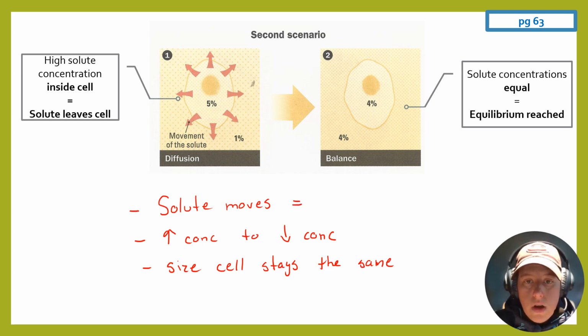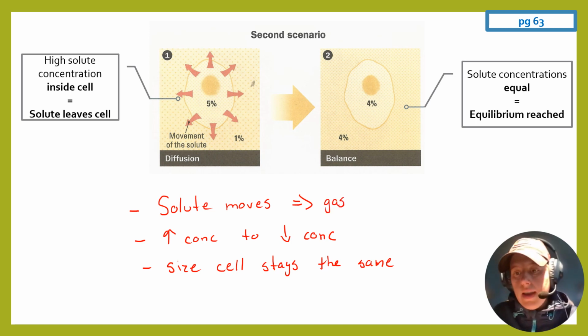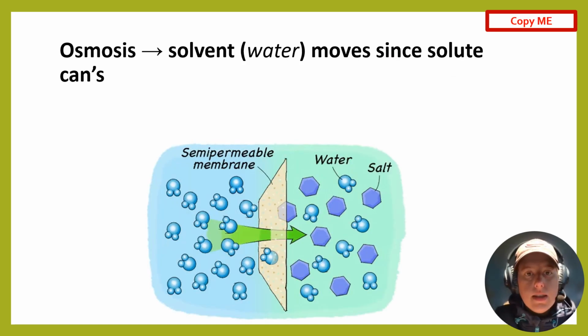So more often than not, the solute is a gas. In osmosis, the solute is not going to be a gas. It's going to be a solid, and it will not move easily through the cell membrane. So it has to be something else that has to move, which we're going to see right now. So in osmosis, it's the water that moves because the solute can't.